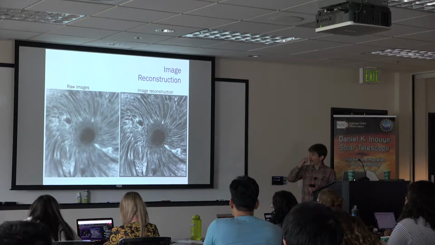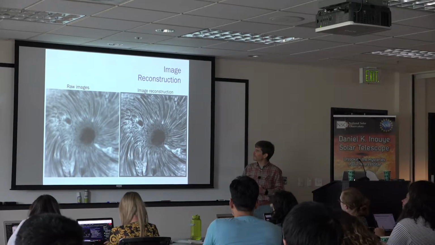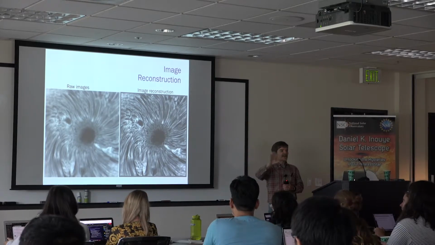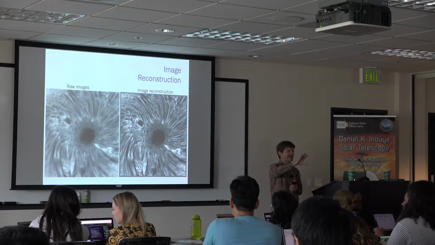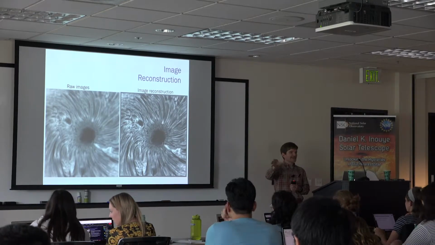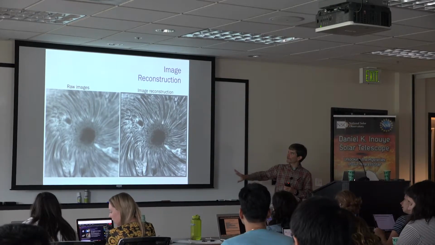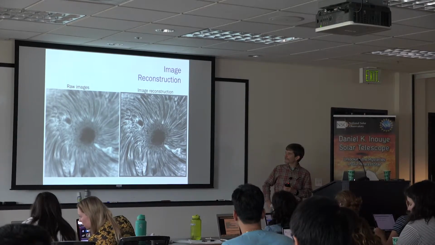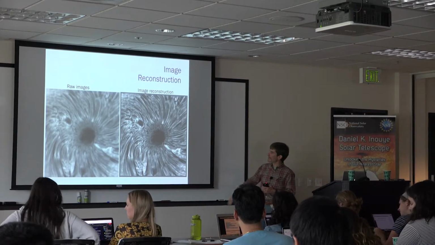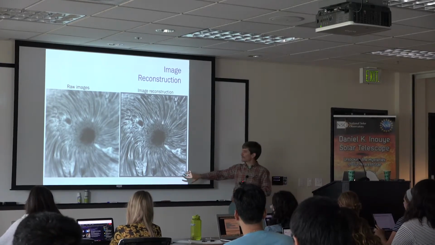Or you can use a blind deconvolution approach, or a multi-object blind deconvolution approach that again uses multiple images in order to try to, like the de-stretching, have different realizations of the atmosphere and assume that there's some constancy from the underlying solar image, so you can separate out what's the turbulent atmospheric effects and what is the solar image, and you get nice diffraction-limited imaging over the whole field of view.